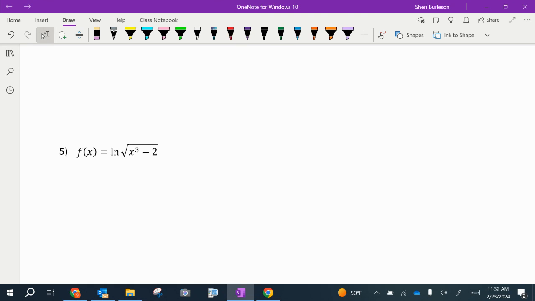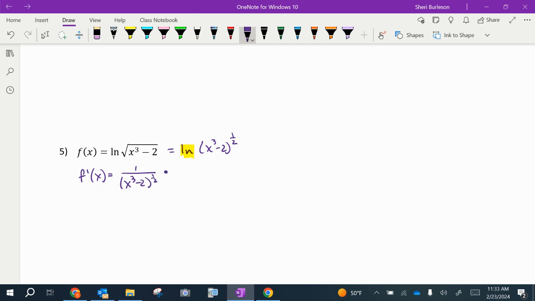Oh, yuck. I have a function inside of a function. Ugh. So I have two chain rules here. So remember, this is the natural log of (x cubed minus 2) to the 1/2. That square root is just a power. So if I'm going to do this derivative, f prime of x, I am going to do the outer function first, which is going to get me 1 over (x cubed minus 2) to the 1/2.